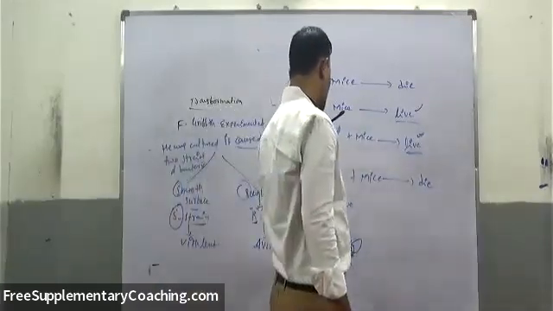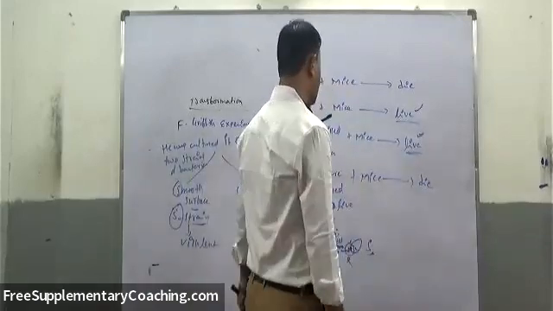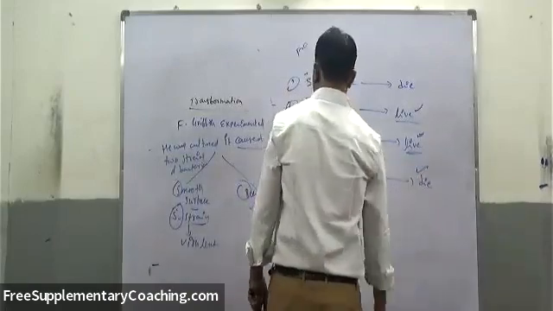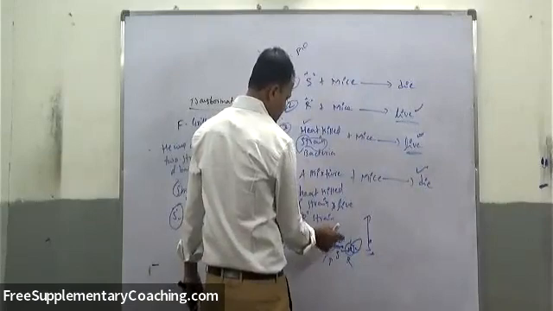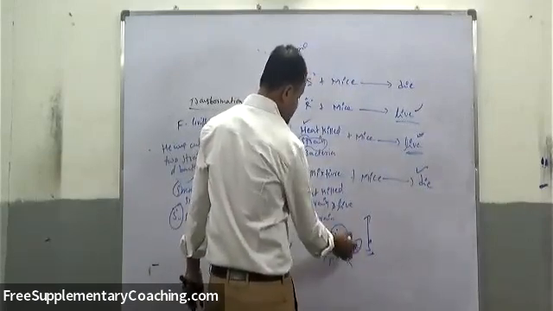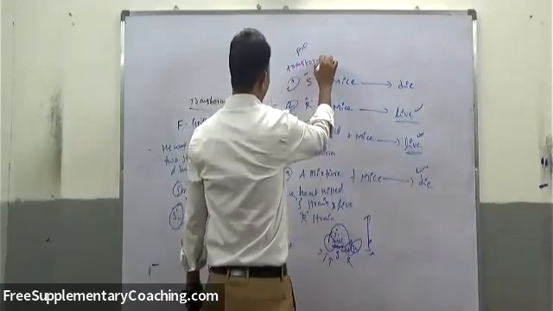That's why R becomes S, the smooth surface that causes the disease, and that's why the mice will die. So here the substance is transferred from S strain to R strain. Transformation occurs. That's why this principle is called the transformation principle.